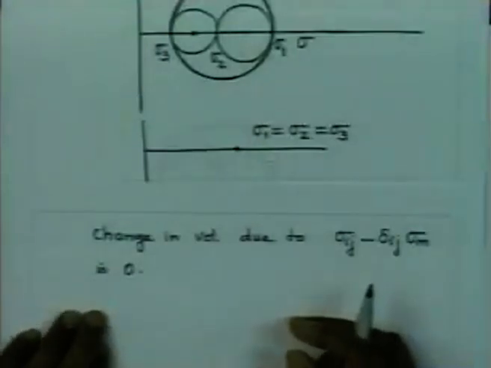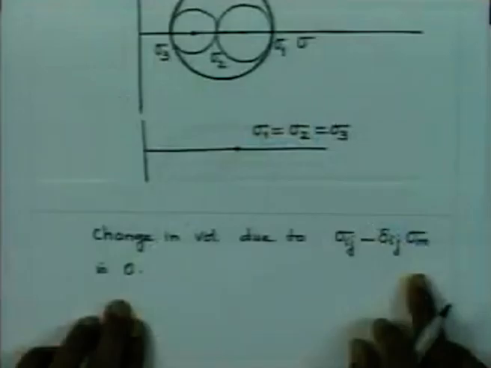It is very simple, that change in volume is due to the normal stresses, and in this case 3 normal stresses are going to be sigma x minus sigma m, sigma y minus sigma m, sigma z minus sigma m, and therefore you calculate the strain in the 3 Cartesian directions, add them up, and you will find that the change in volume, which is nothing but the sum of the 3 strains, is going to be 0.